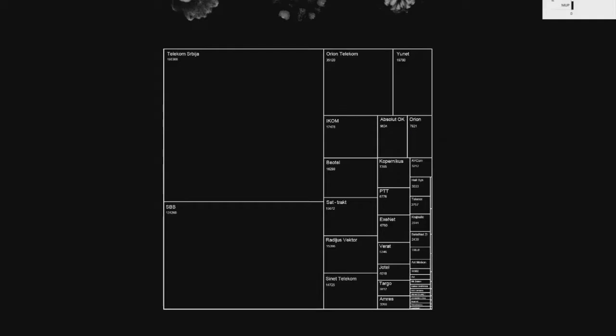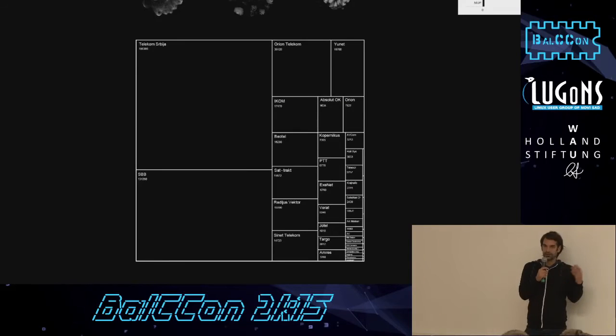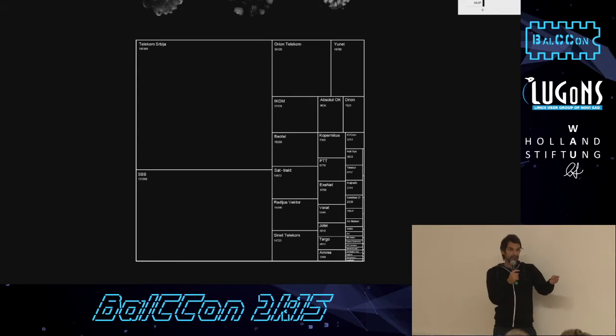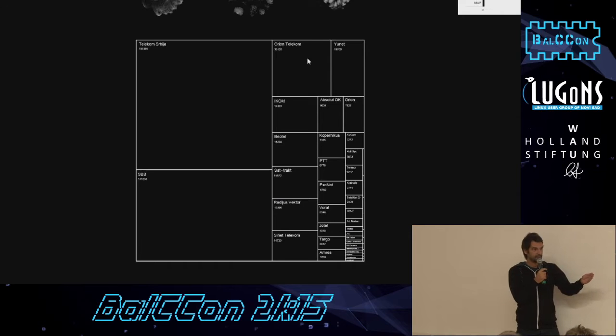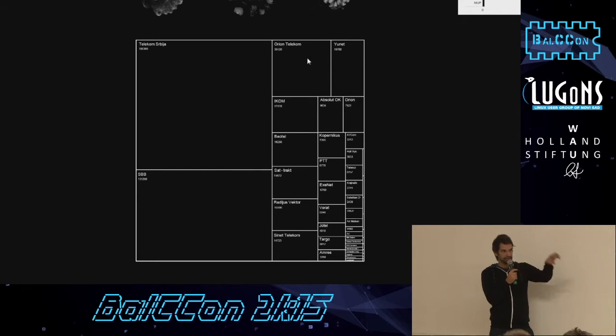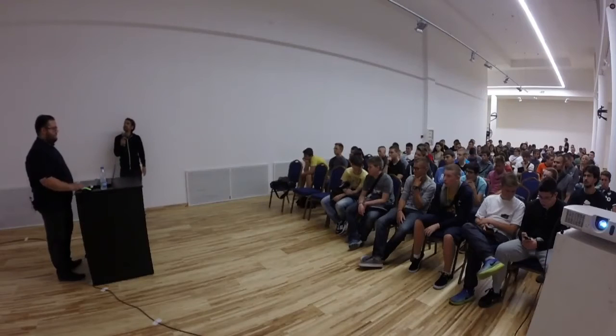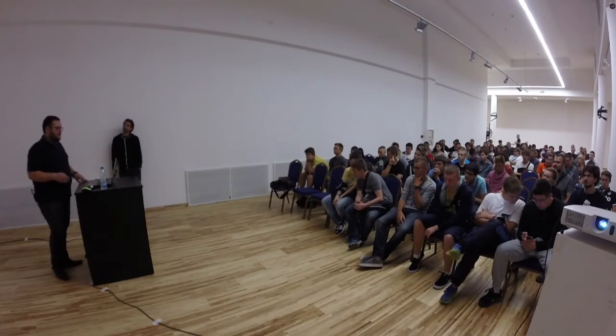And then those IP addresses are separated among different internet service providers. Telekom Serbia gets one range, SBB gets another range, Orion gets a third range, and so on. And then at the end, when you're using the internet, you are using one of those IP addresses assigned to an internet service provider that took those IP addresses from RIPE, because RIPE is the European Register of IP addresses.